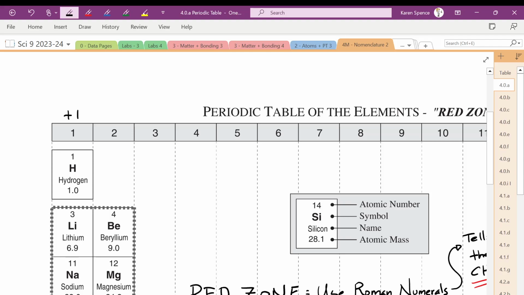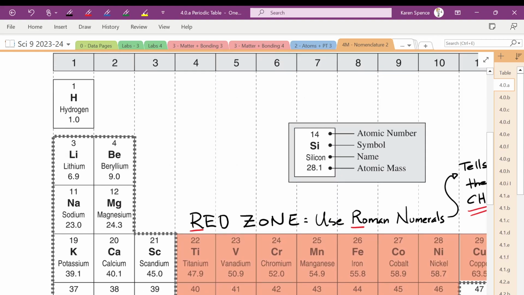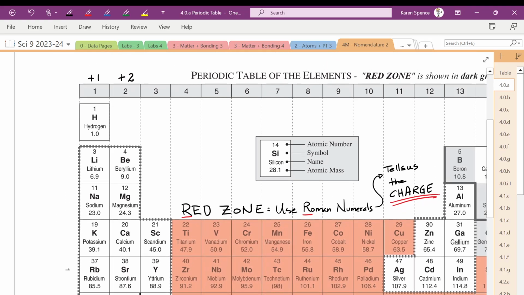Okay, so column number 2, again, in pencil, you can write +2. And we haven't really learned much about group 3 because they are in the transition metals. So you're just going to have to believe me on this, that when they form ions, they form plus, can you guess what? 3.